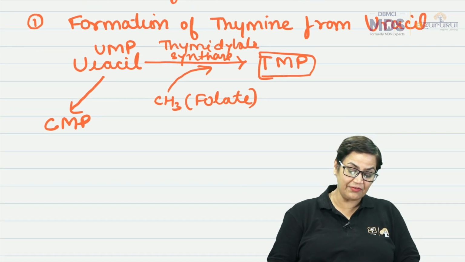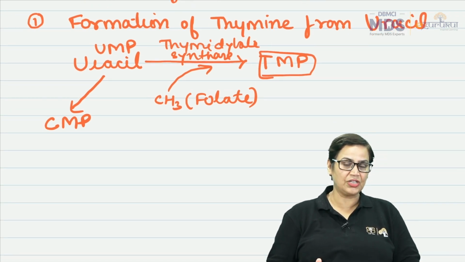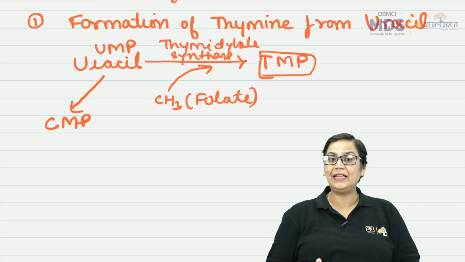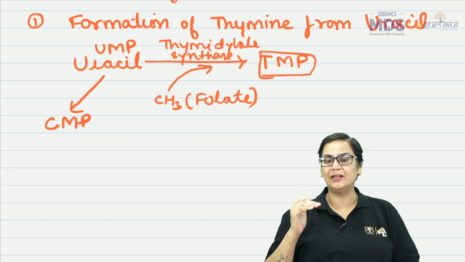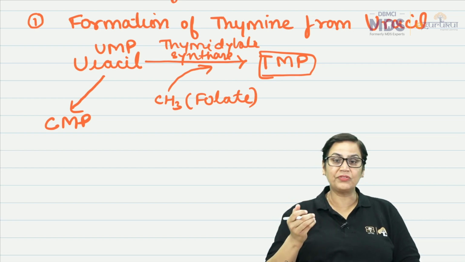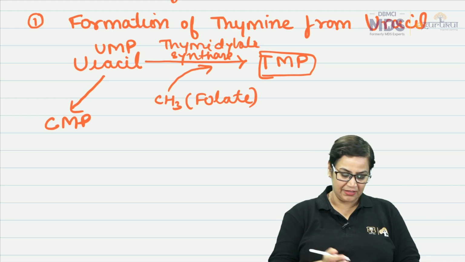And the most interesting fact, since we are discussing this reaction, most of the anti-cancerous drugs which are given to treat cancer are folate inhibitors, because they will check the multiplication of thymine in the cells, right?